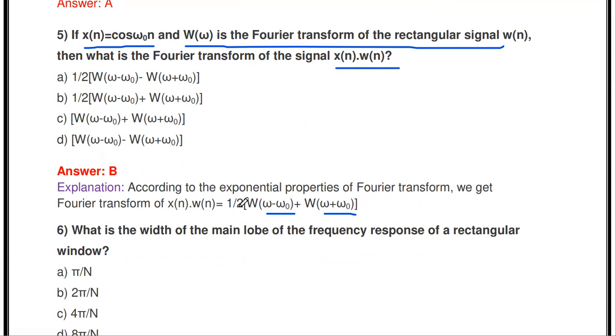This is the modulation property of the Fourier transform. We already discussed this; you studied it in signals and systems. So the Fourier transform of x of n into W of n is 1 by 2 into the Fourier transform of the windowing function shifted to the left by omega naught, plus the Fourier transform of the windowing function shifted to the right by omega naught. This is the correct answer.